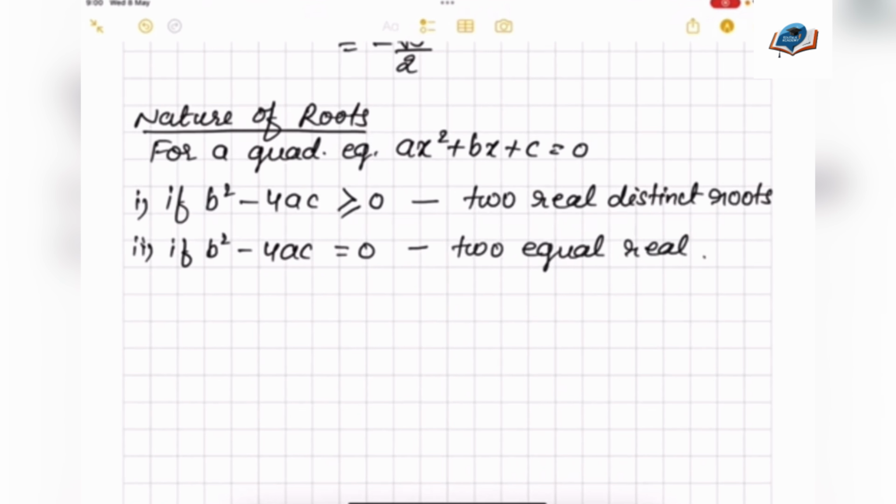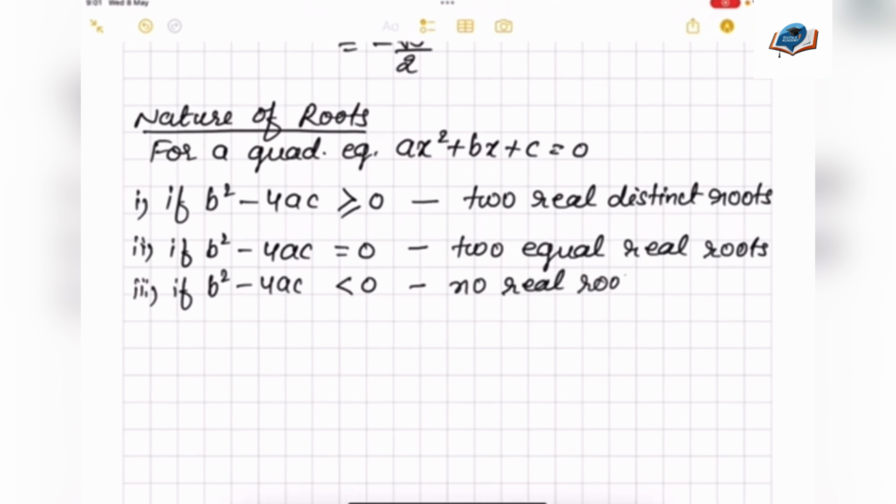Then third, if b square minus 4ac is less than 0, then I won't have any real root, or I can say no real root. But in the future classes, you will have imaginary roots. Real roots won't be there, but imaginary roots will come.